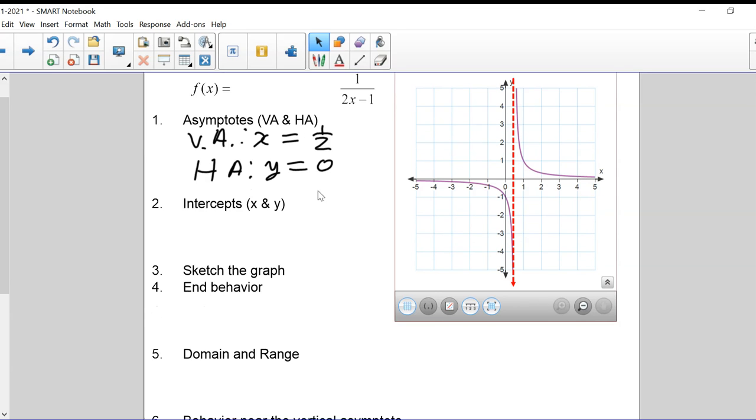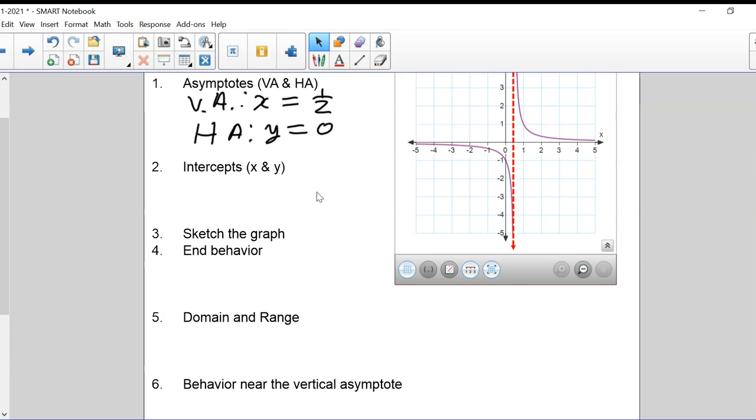And if I want to get a little rule about where the horizontal asymptote is, here's a little rule about it. I'll put it on the bottom here in a little box.